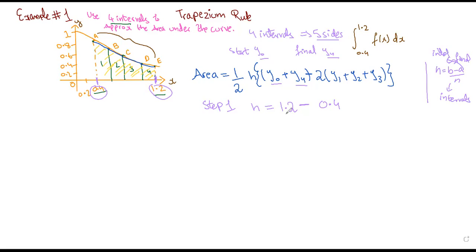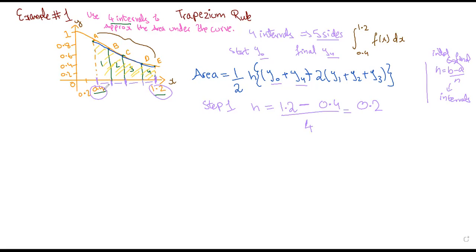So this is what we know. What is the number of intervals? 4. Very good. So h would be 0.2. Now if h is 0.2, I know that this thing would be 0.2, 0.2, 0.2, 0.2. But we are interested in finding out these.